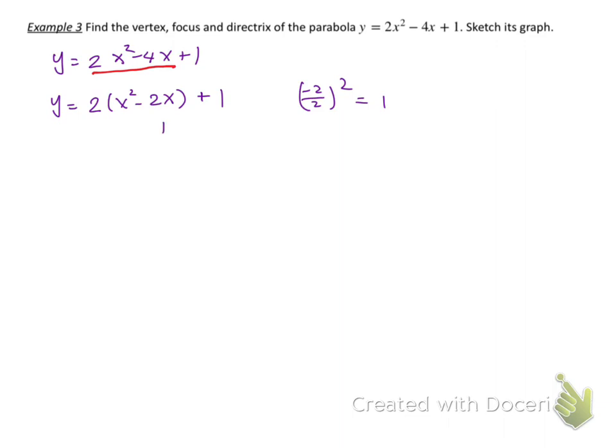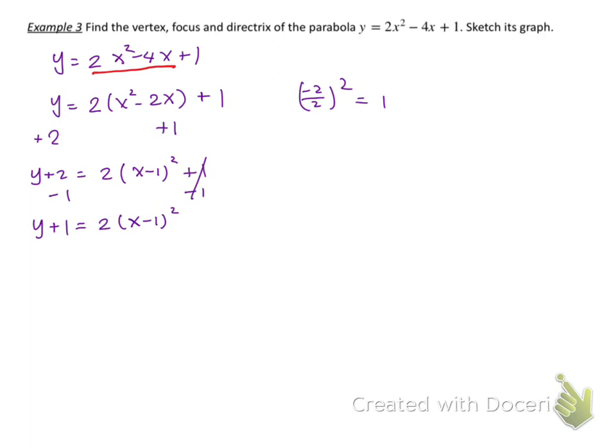That's the number you need to add inside the parentheses. So meanwhile, you are actually adding 2 times 1, which is 2. Okay? So this is y plus 2 equals 2 times x squared minus 2x plus 1. That's x minus 1 squared plus 1. Then we cancel that 1. We have y plus 1 equals 2 times x minus 1 squared.